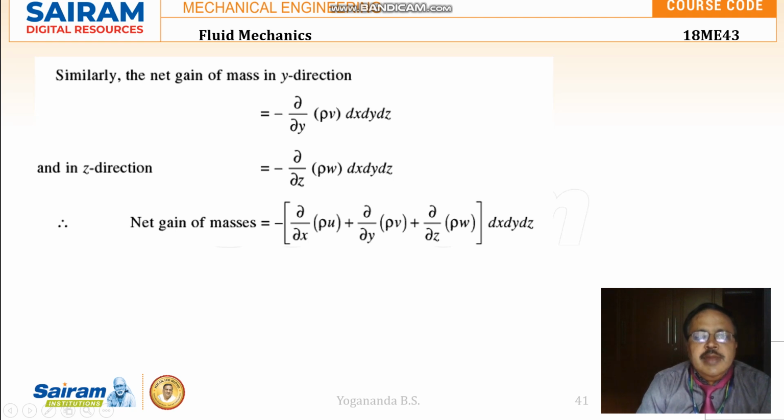Inside the brackets we have del by del x of rho u, del by del y of rho v, del by del z of rho w. The minus is also common, so it is taken outside the brackets. So this is the net gain of mass considering all three perpendicular directions.